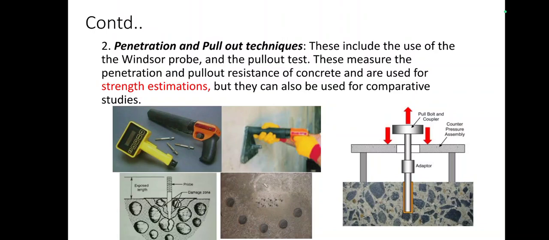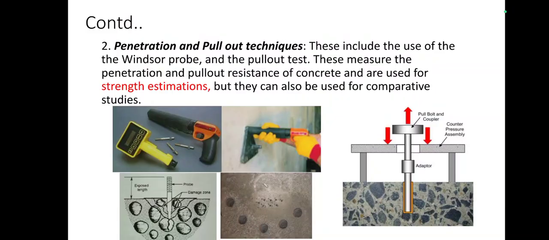But if it is very weak, the bullet will pierce into that surface and may even come out. So based on the strength of the material, consider a concrete element and shooting it with the gun. If the bullet enters deep into that concrete, what is the meaning? The concrete is weak. Suppose the bullet is not entering at all, then what is the meaning?